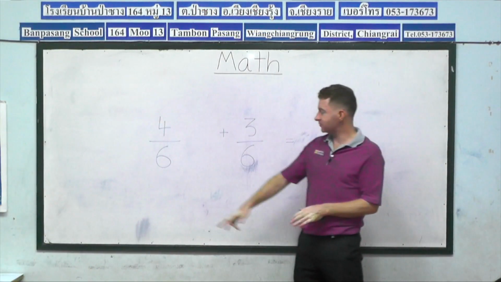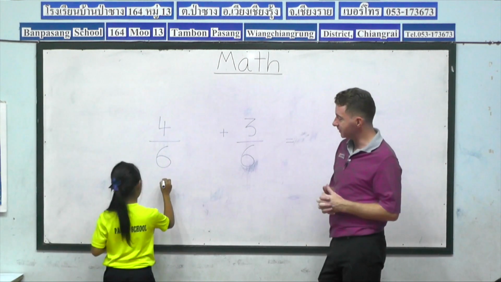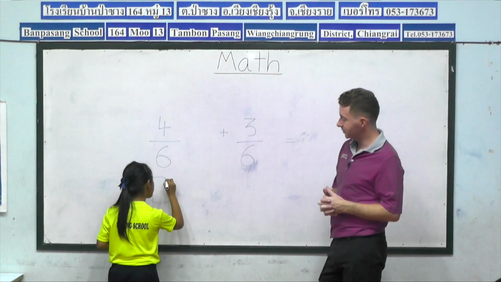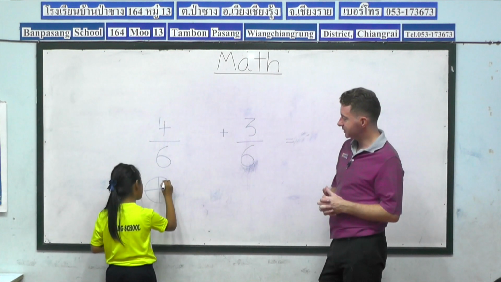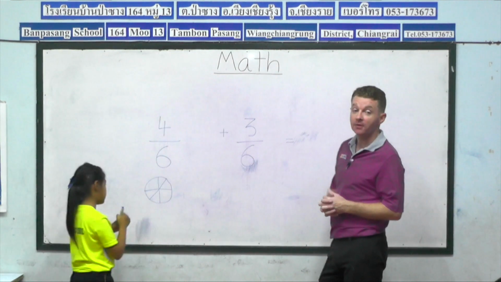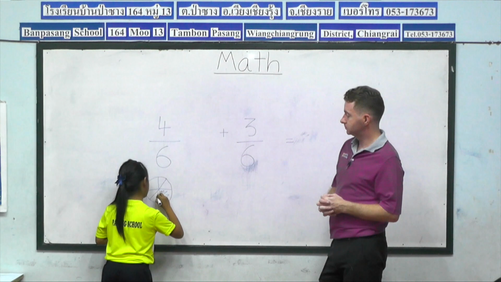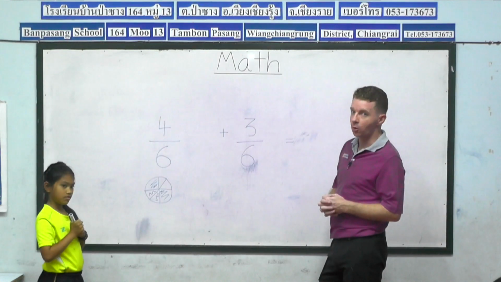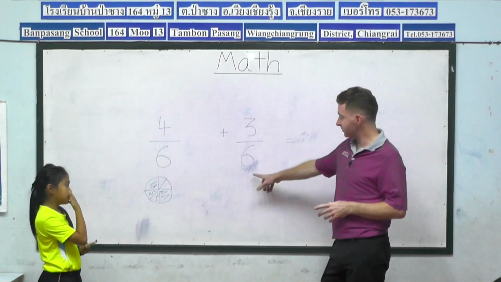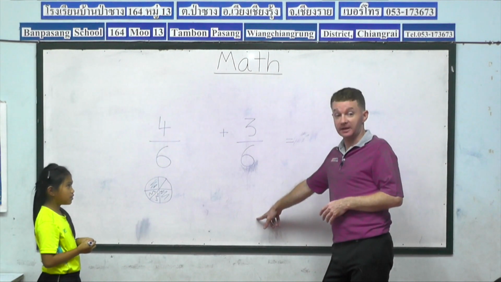So how many parts to our circles, guys? 6. Okay, so let's have a nice circle with 6 parts, Pak Bung. 2, 4, 6. And how many parts in blue? 4. Okay, that's 4 over 6. Our next circle needs how many parts? Needs 6 parts.